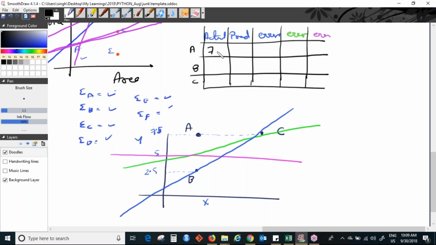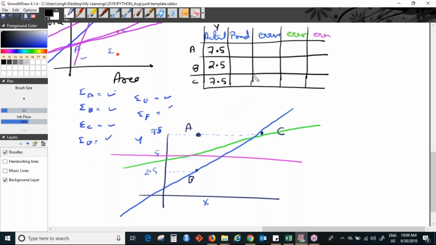Yes, 7.5. Actual value of point B is 2.5 and point C is also 7.5. By actual value I mean the actual Y, because we are talking about Y. We are trying to find the error in Y, our dependent variable, not in our independent variable. Independent variable we already know.